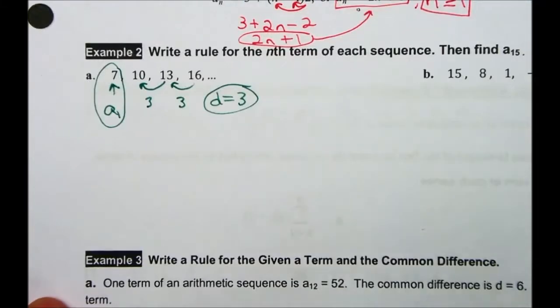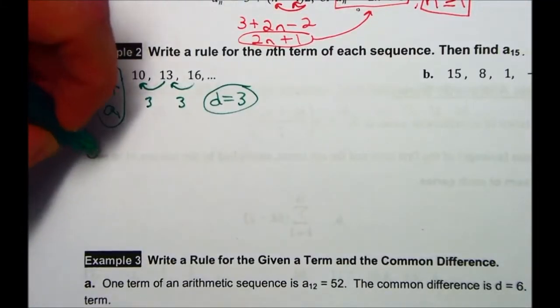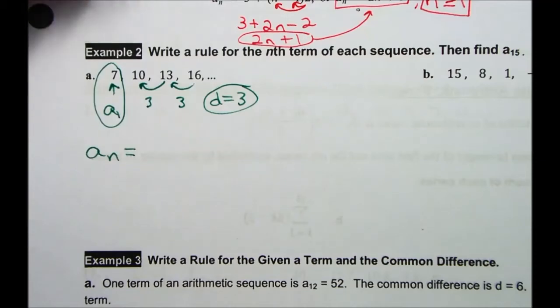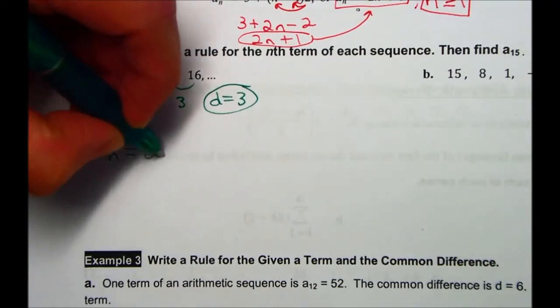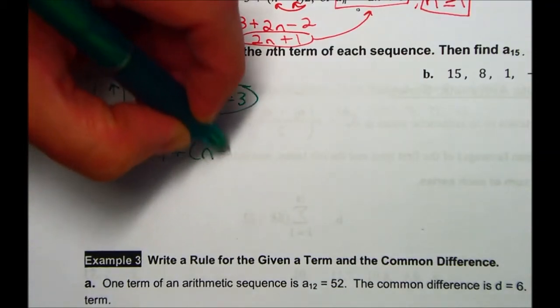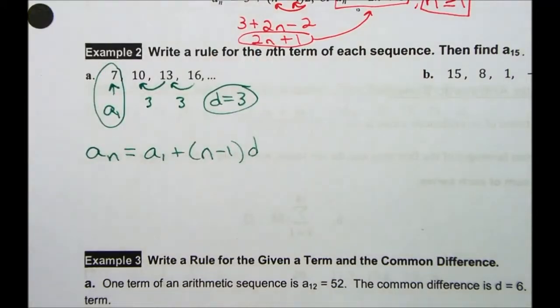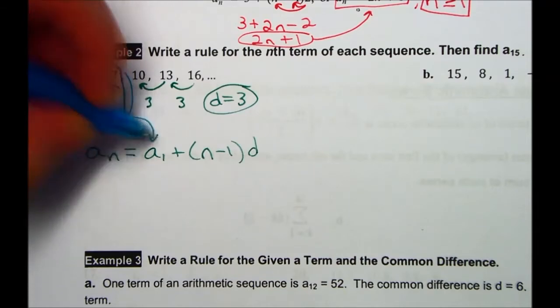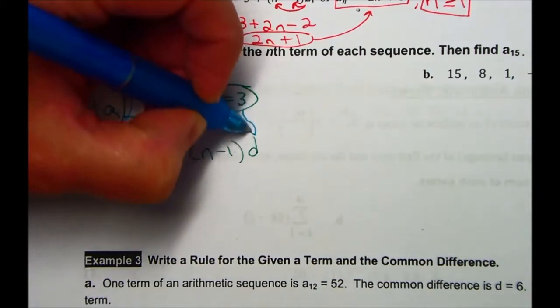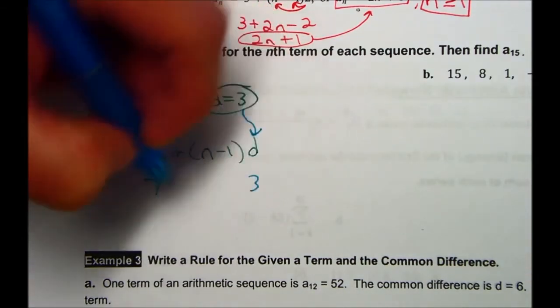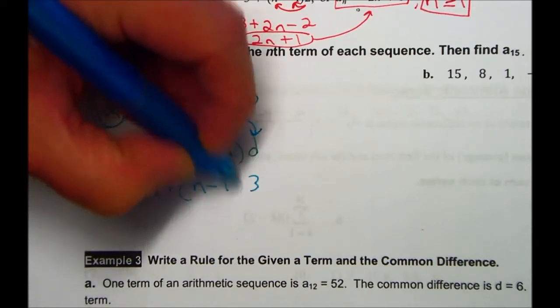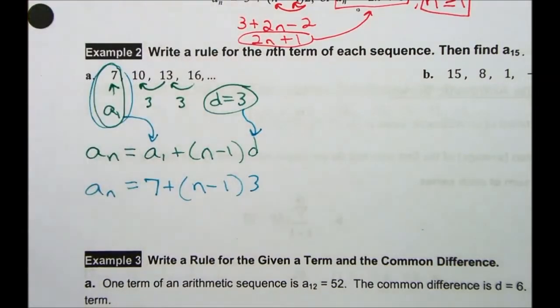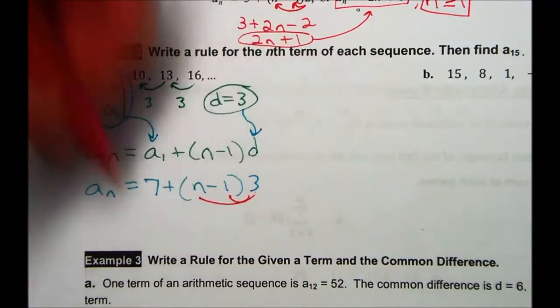I would recommend that you write down the formula, because the more you write it down, the easier it will be to remember. So a sub n equals a sub 1 plus n minus 1 times d. Now it's just a matter of plugging the values in. Your a sub 1 is 7, your d is 3, and then fill in the other pieces. Now we're going to simplify this by distributing the 3.